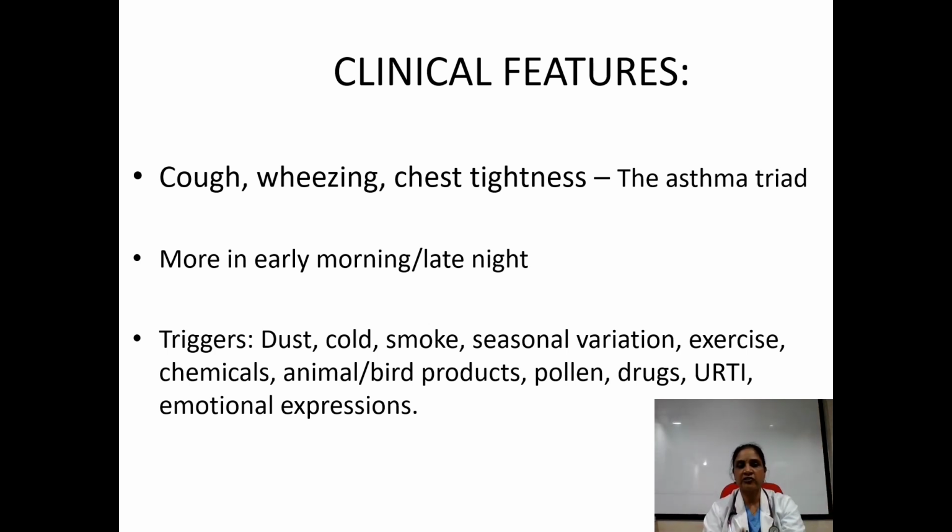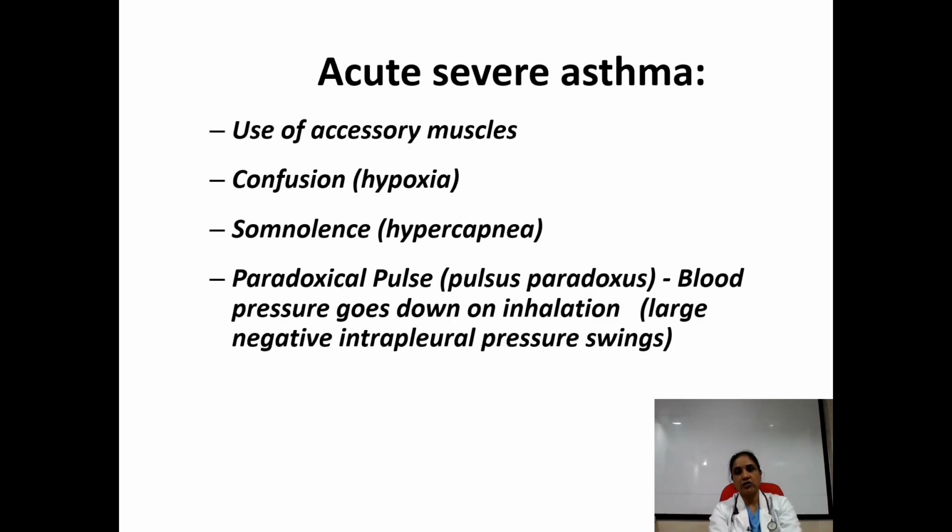If you ask this much, definitely you can conclude whether the patient has got asthma or not. Now, when I talked about physical examination, it's very important because sometimes patients land up with you when they are actually in exacerbation. So please spend time to do a clinical examination of your patient. Find out whether the accessory muscles of respiration are working, whether they are confused, whether they are hypersomnolent, which is an indirect sign of hypercapnia, or paradoxical pulse.